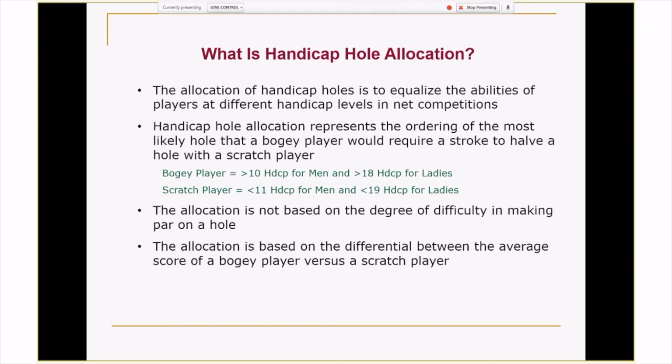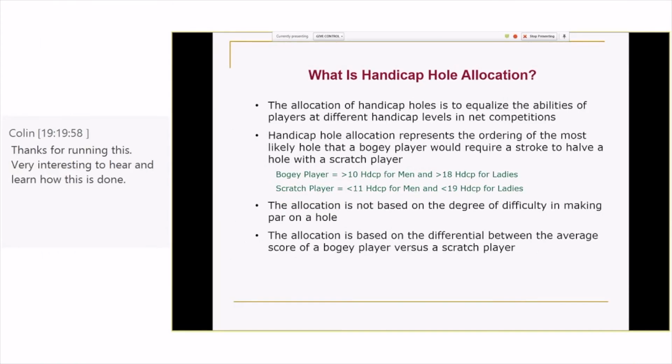I find that it's based on comparisons to scratch golfers or not scratch golfers. But always looking at a scorecard from visiting another course, you always think that a number 1 handicap hole has to be the most difficult hole, or the number 18 handicap hole is the easiest hole. So I think this is a great clarification, and it's very interesting. And I think once people understand that, they'll understand how the system works a little bit better. But that's the way I always looked at it, and I wouldn't be surprised if a lot of the members think the same way.